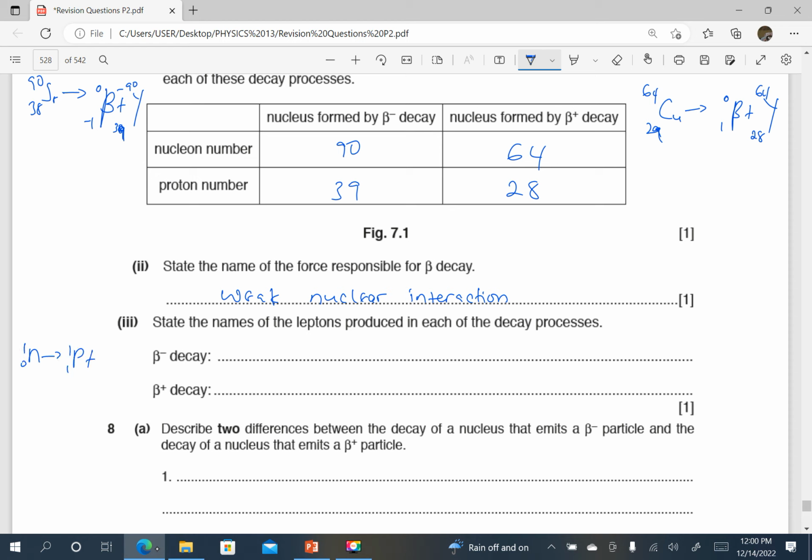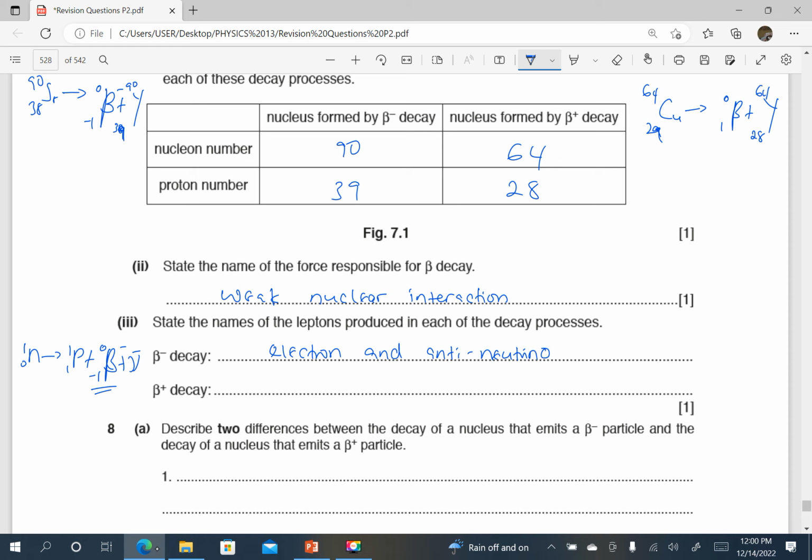When we add, this will be beta minus, 0, negative 1, and this is accompanied by an antineutrino. So beta minus is a normal electron. So that is an electron and an antineutrino, because an electron is a lepton and an antineutrino is a lepton.